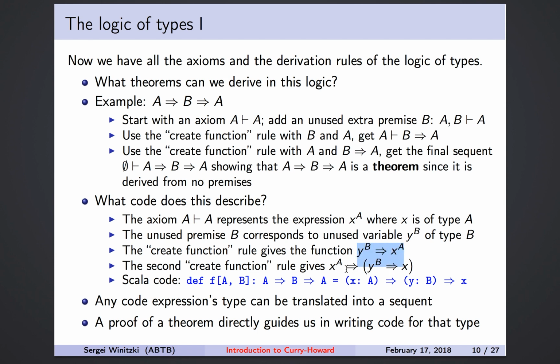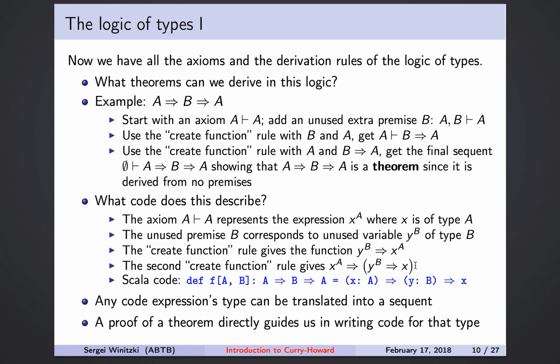Now this expression still uses x, because this expression doesn't say what x is, so x must be already defined. And this is why this expression corresponds to this sequence. It has a premise of type A, which corresponds to this x of type A that has been already somehow defined outside. The second create function rule puts the argument x in front of the function body, and now we have an expression, which is this one.